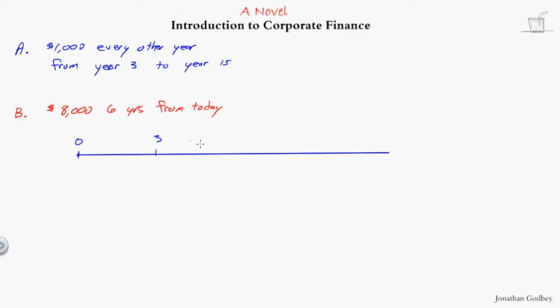So this will be 3, 5, 7, 9, 11, 13, 15, and that'll be $1,000 for each one of those. And then option B is you get $8,000 in year 6.